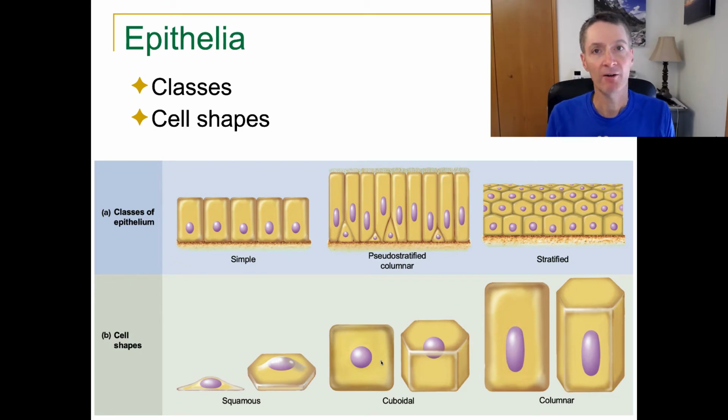And then you'll need to have basic function and a location. Now, I'm going to give you the easiest, most distilled down functions and locations that I think of when I think of these different tissues. And I'm going to provide you with a study sheet. I have a study sheet that I usually use in lab, but here we're going to do this in lecture, and you can use that study sheet to help you with these tissues, all right?